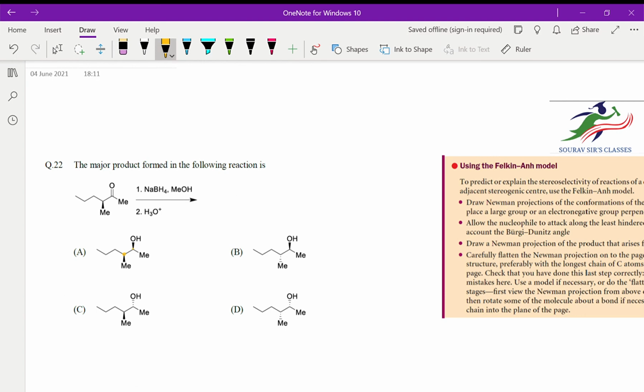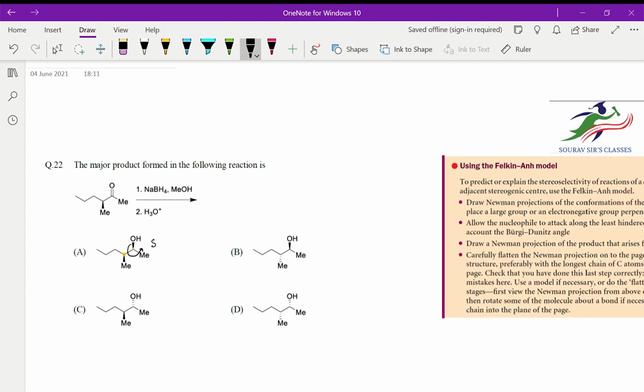So if we follow this rotation path, it is going anti-clockwise. Now hydrogen is below the plane. So whenever hydrogen is below the plane, all you have to remember, whatever you are getting, if it is anti-clockwise, it is going to be S.